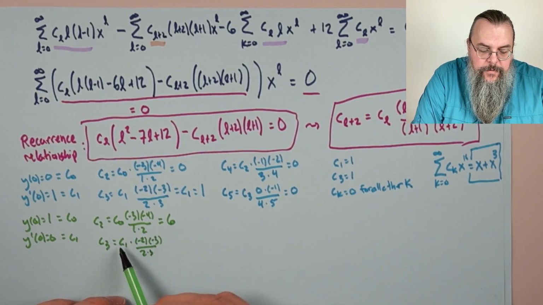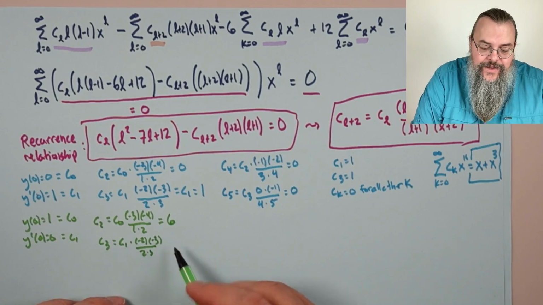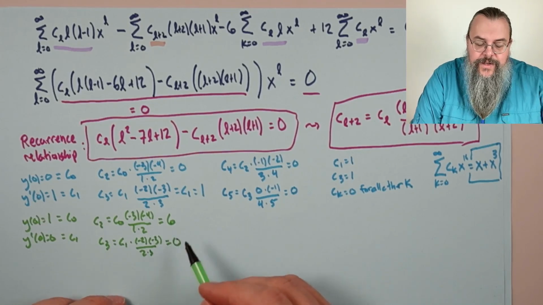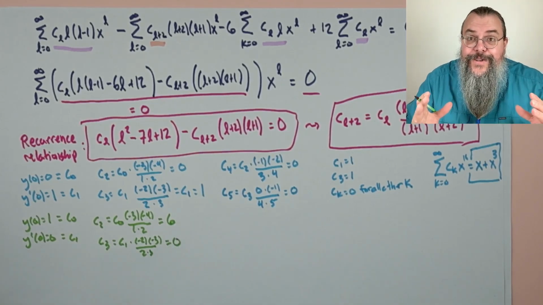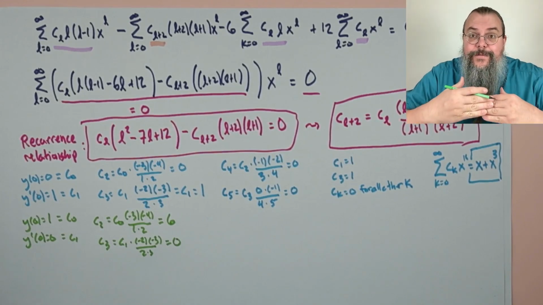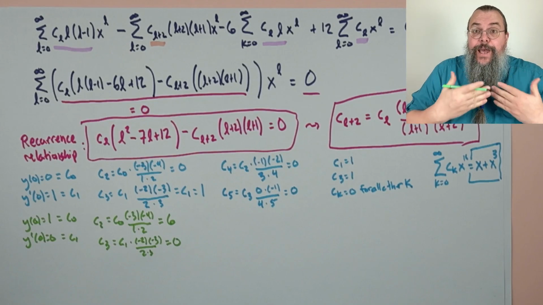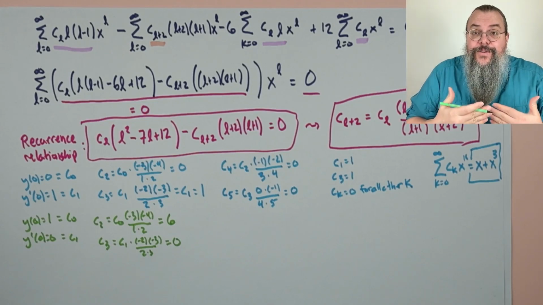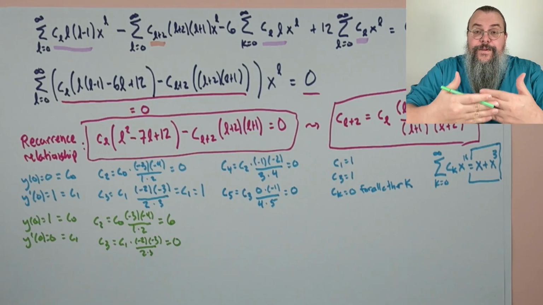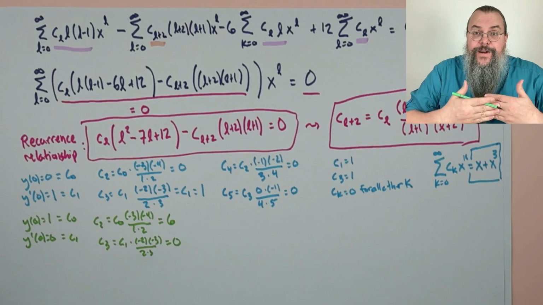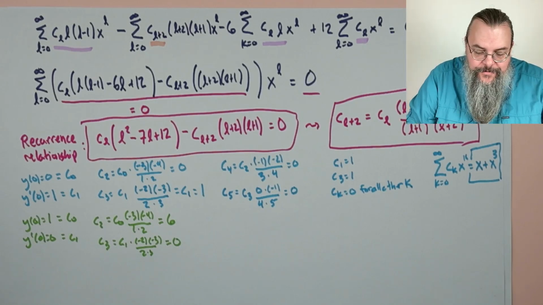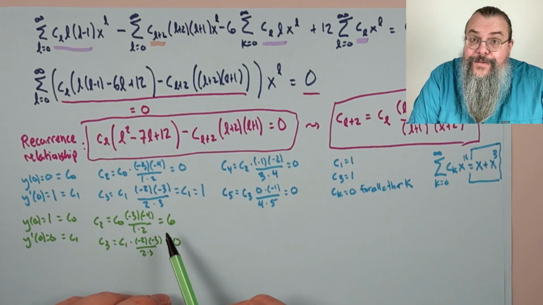Well, wait, we know c_1 is 0, so that says this will be 0. In fact, all the odds are 0, right? c_5 will be 0 because c_5 goes back 2 steps, and we know c_3 is 0. So then c_7 will be 0 because it goes off of c_5. So all the odds are 0. So we've got to work on the evens.